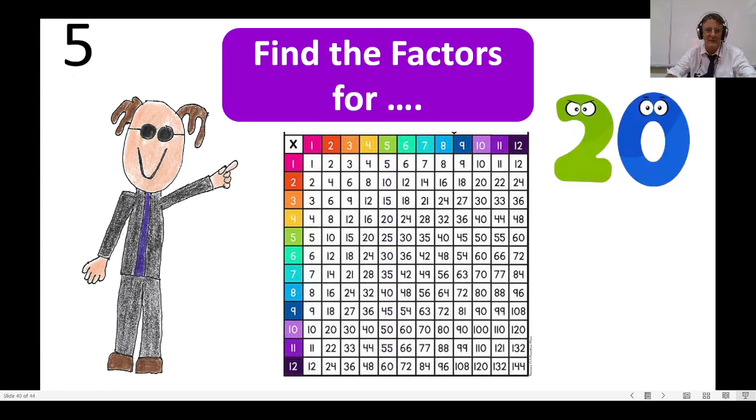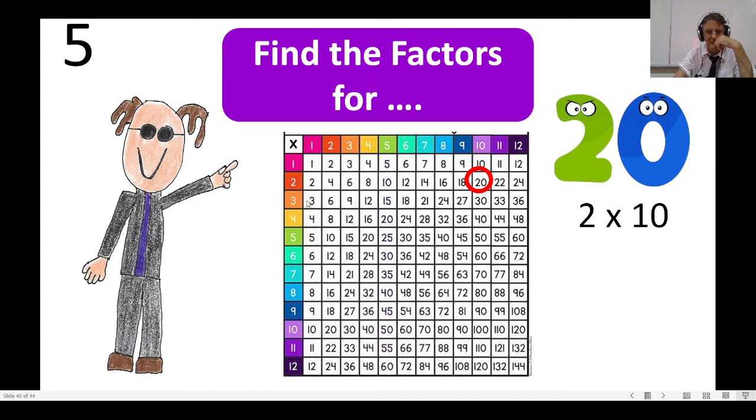Okay, so find the factors for 20. Please pause the video now and click play when you have finished the maths. Okay, let's do this. So we know 2 is going to go into 20 because it's an even number. 2 times 10 equals 20.